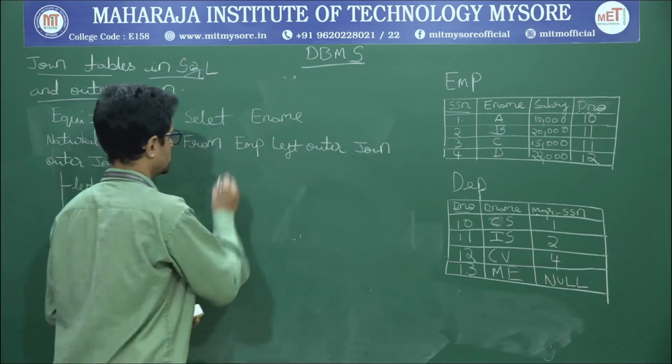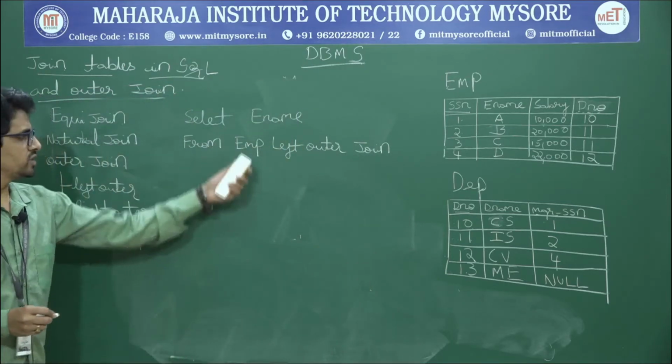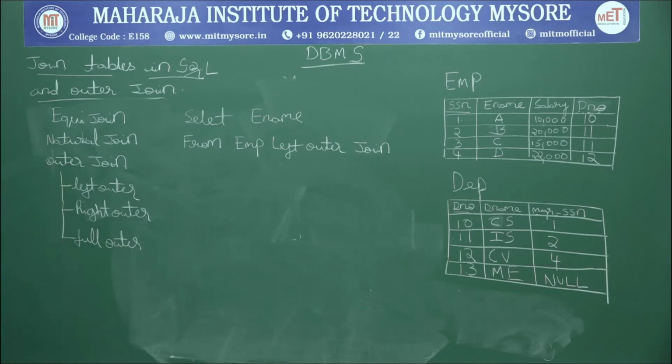Whenever you are specifying that, make sure you specify the first table on the left hand side, then the other table on the right hand side, by specifying the condition.